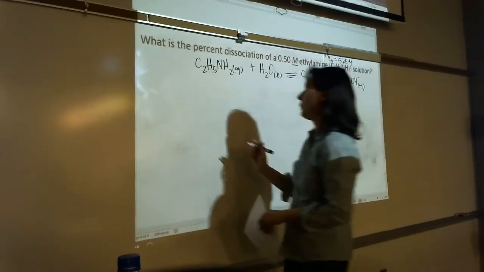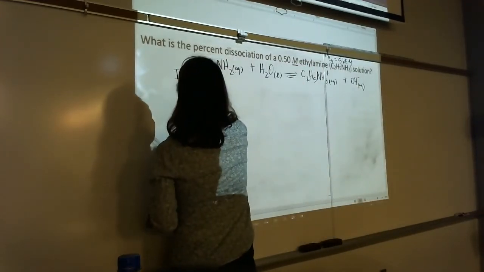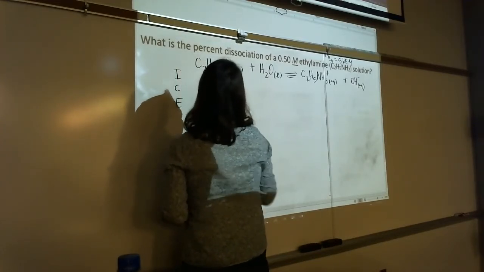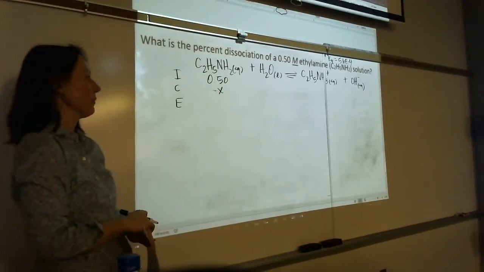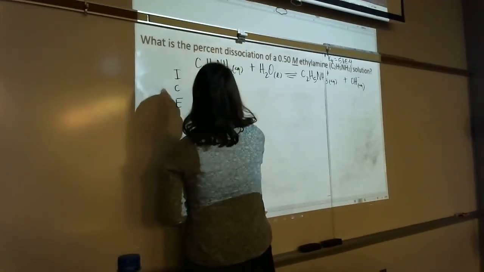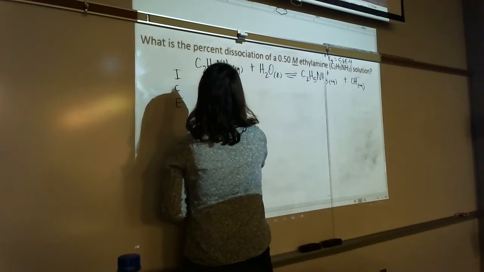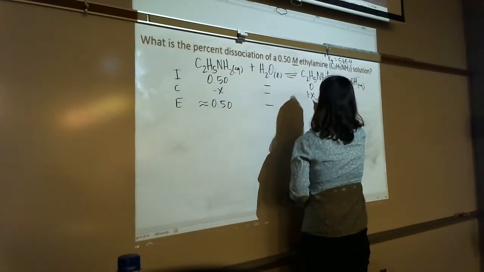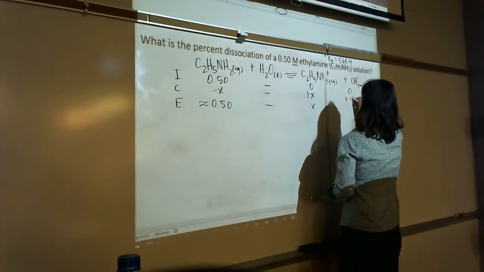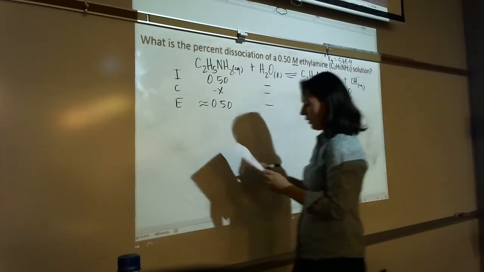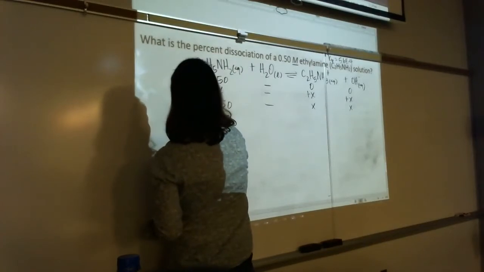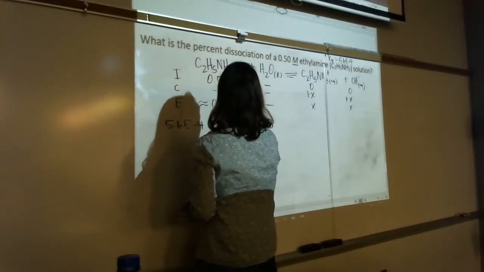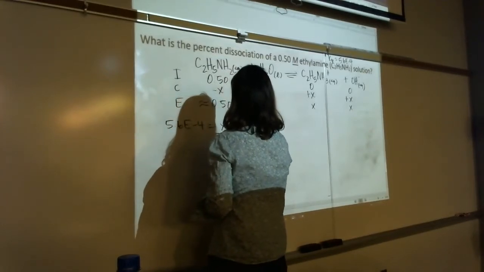So set up our ice table. 0.50 minus x. Do we make the approximation here? Yes, because we can use KB to determine that. That is an appropriate way to go. Okay, so now we just say to ourselves 5.6 times 10 to the negative 4th is equal to x squared over 0.5.